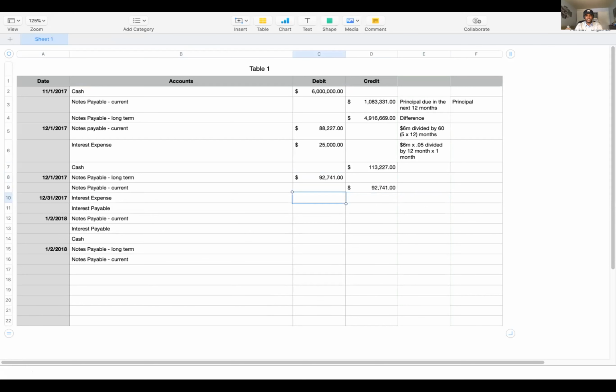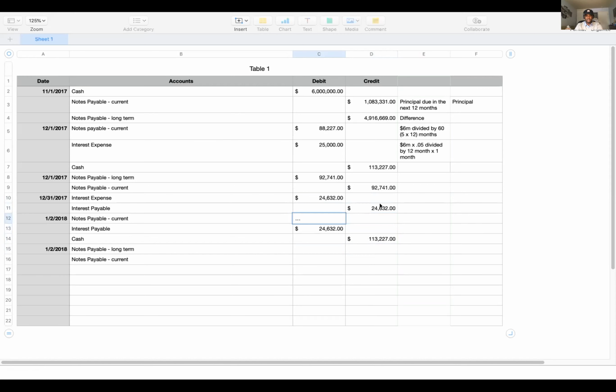When I get to December 31st, I would have to record the interest that's now owed for the next month, which was 24,632.39. We'll just use round dollars. 24,632. This is the accrual method of accounting. And then when I get to January 2nd, I'm still paying 113,227. 24,632 is my interest that I'm paying.